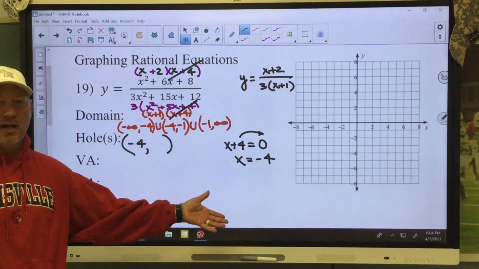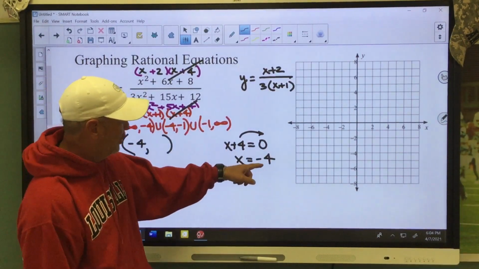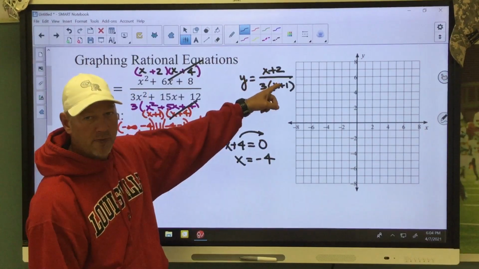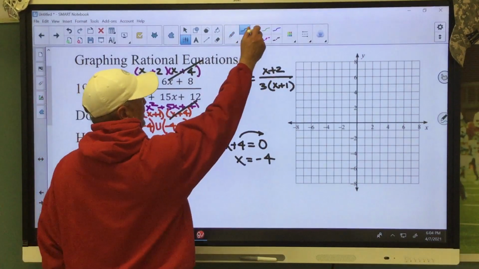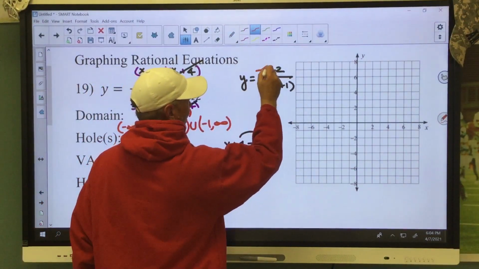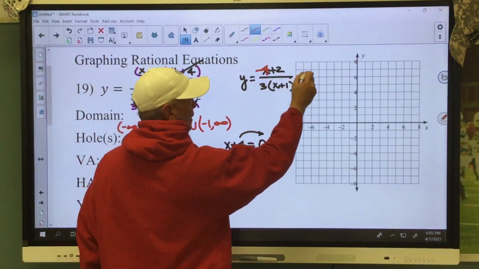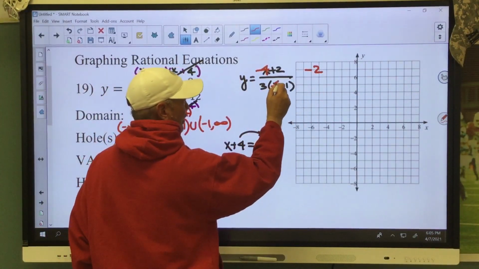We have to find our y value. To find your y value, you're going to substitute that negative 4 wherever you see an x, okay? So we're going to substitute this, and we're going to put negative 4 here. Negative 4 plus 2 is a negative 2. We're going to put negative 4 here.